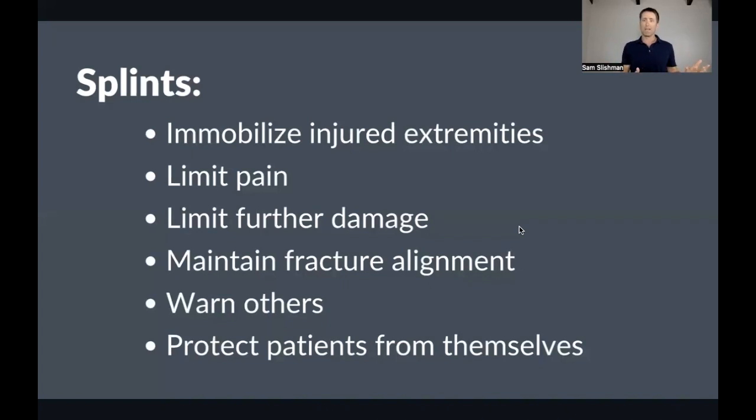So splints limit pain. I had a person ask me the question, is there a difference between a device and a splint? So there's the Kendrick traction device and the Slishman traction splint. What's the difference? I think this lands somewhere in the realm of the art of medicine as well as the science of medicine. So to me, a splint is something that limits movement of an extremity as well as fracture fragments and just limits pain.